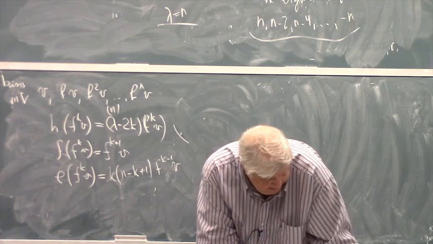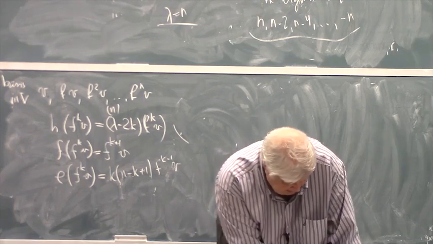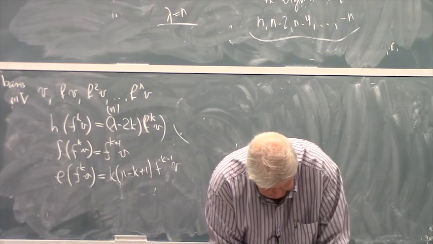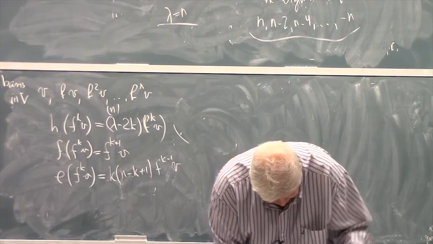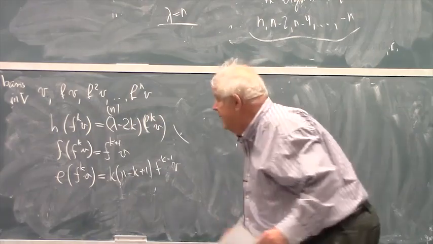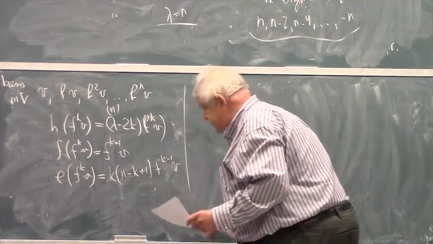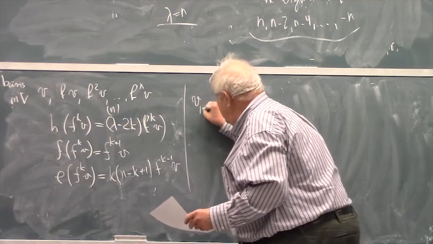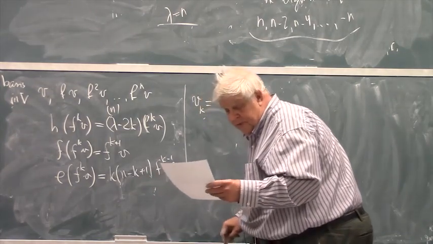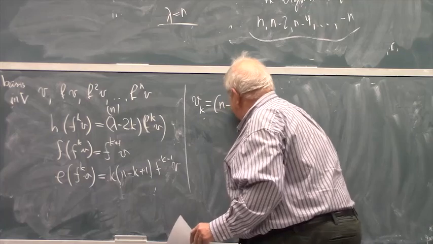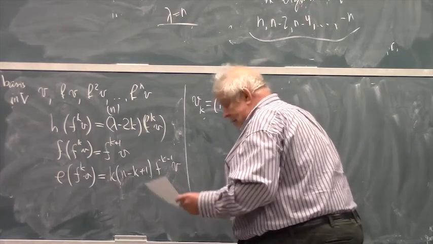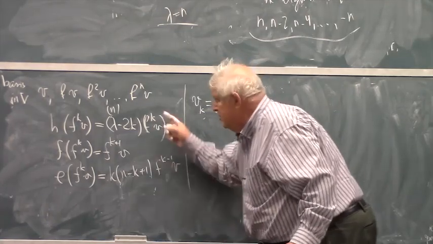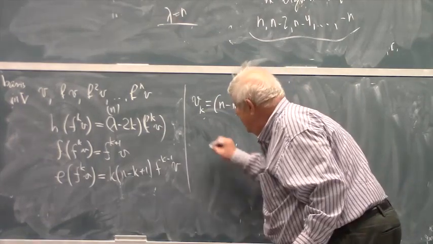To make them more symmetric looking, I denote v_k as (n minus k) factorial times F to the power k v, and these formulas become much better.